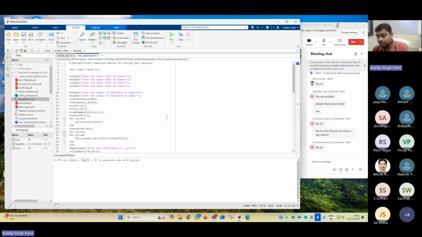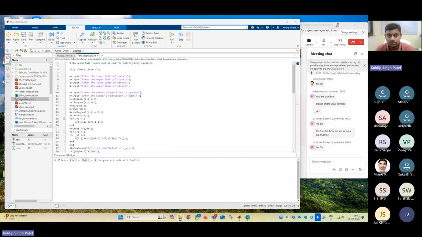And one more thing we usually do is write a readme file. Suppose we saved 10 MATLAB codes, and there we create a readme file. That readme file tells us what each file is, so you don't need to open all the files.